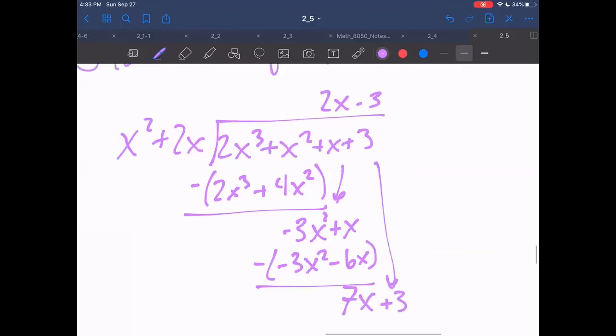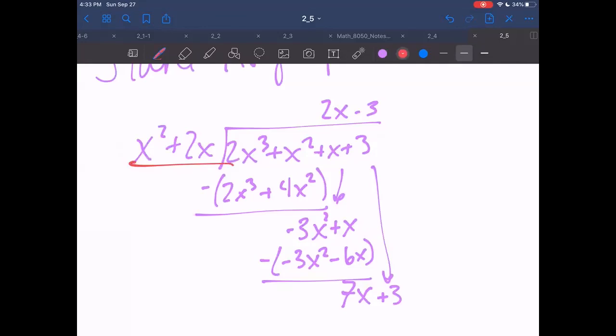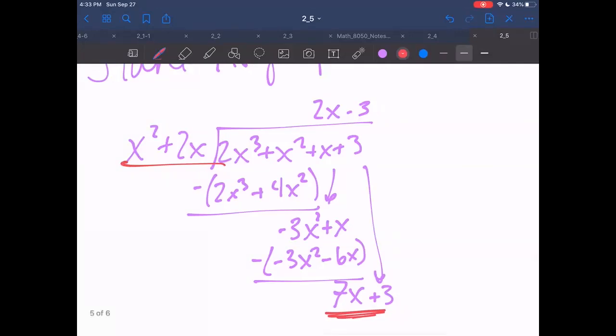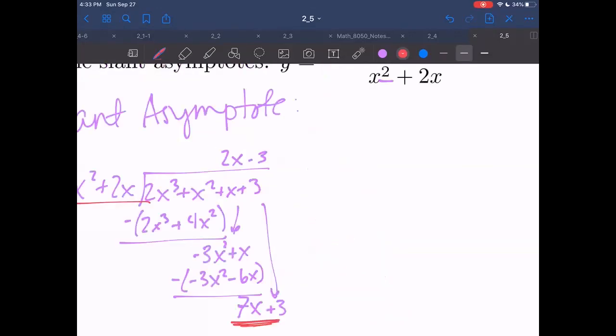And x squared plus 2x is not going to be able to divide into 7x plus 3 anymore, so we have a remainder. So our slant asymptote is that whole number piece of it.